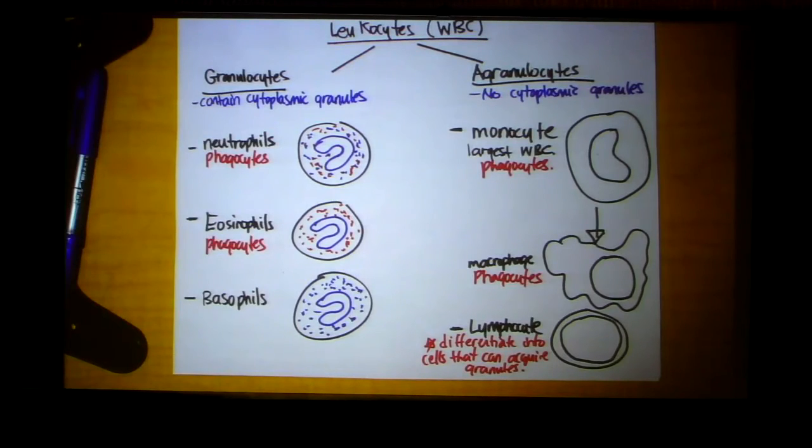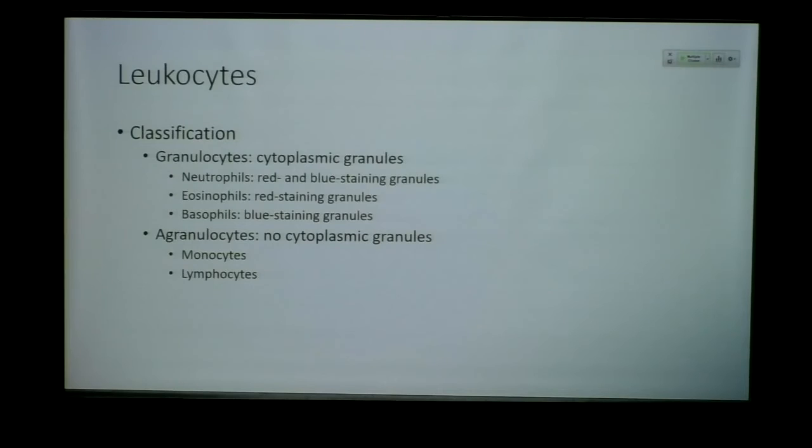Okay, so we're gonna move on to describe these in a little bit more detail in terms of their function, but I just want you to have an idea of their structure. Okay, so based upon the classification that we already spoke about, we have granulocytes and agranulocytes, and we'll talk about the individual properties of each of these cells.